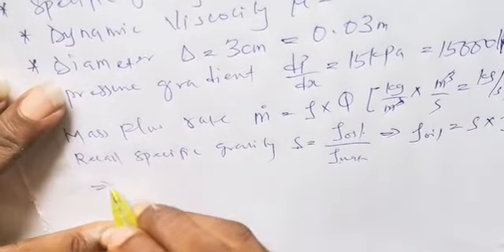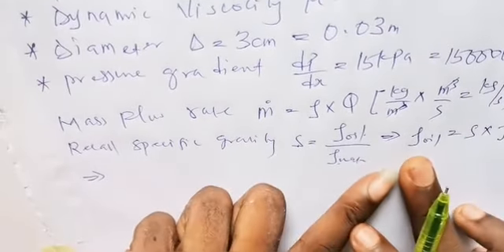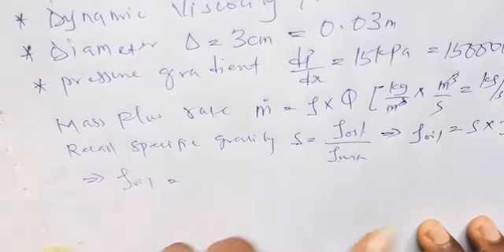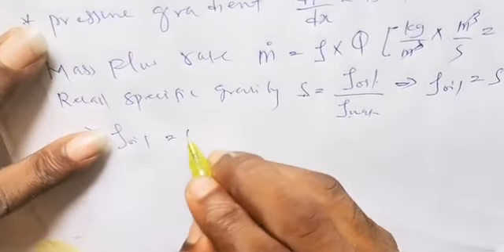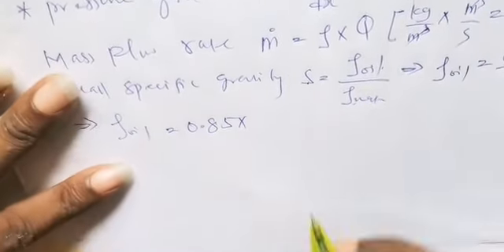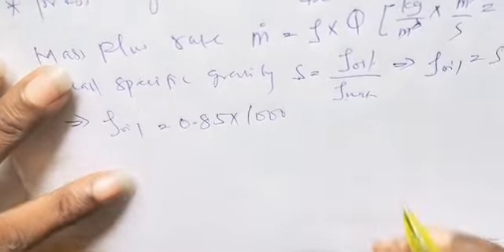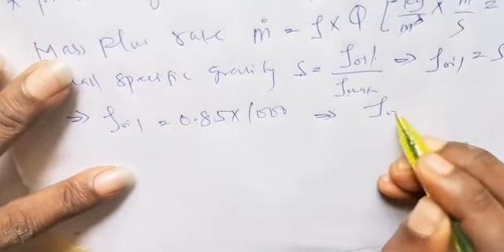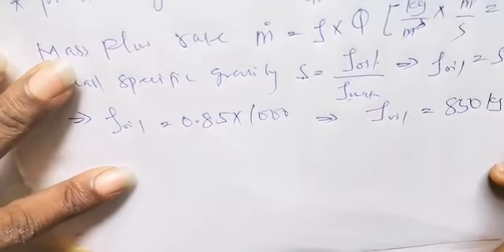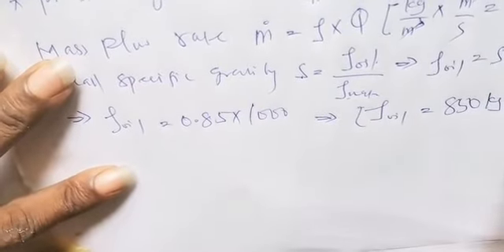So density of oil is 0.85 multiplied by the density of water, which is a constant 1000. So the density of the oil is 850 kilograms per meter cube. Keep this aside.